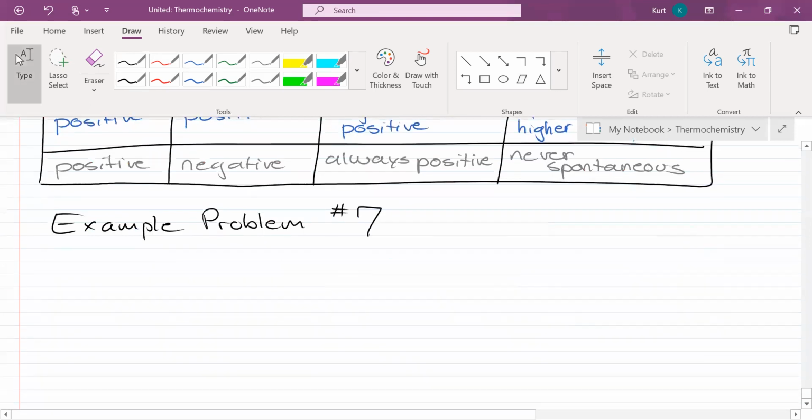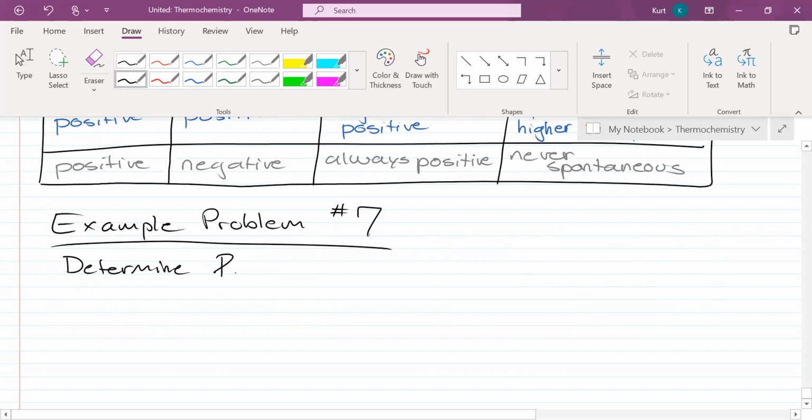Example problem number 7. Determine reaction spontaneity. I would like to indicate, I'm going to put this up here. Don't forget this equation.